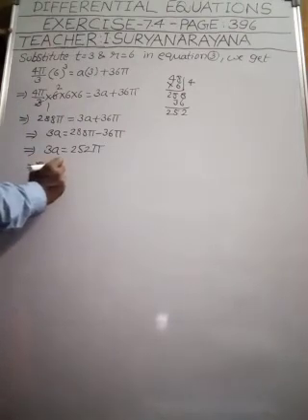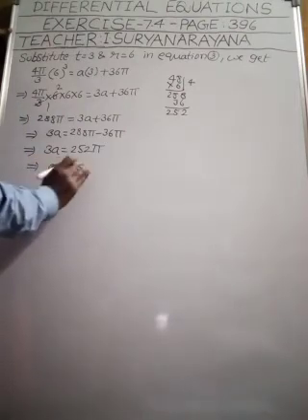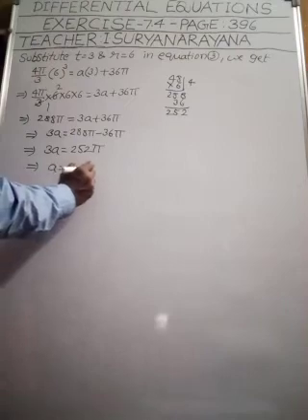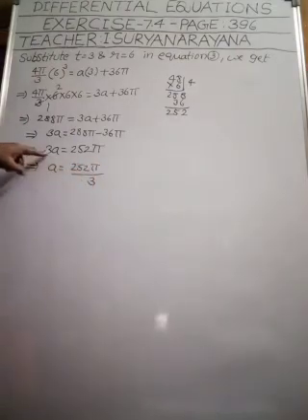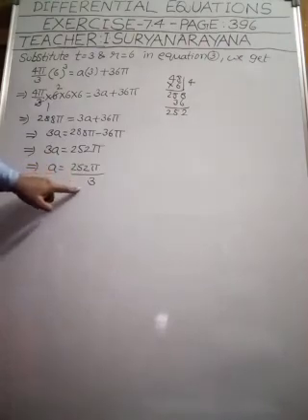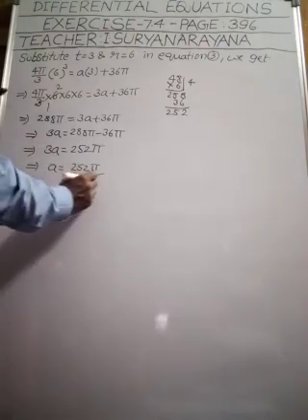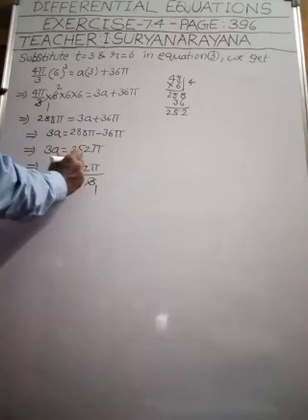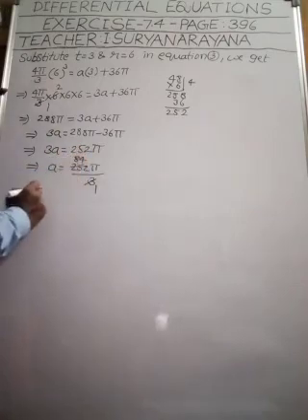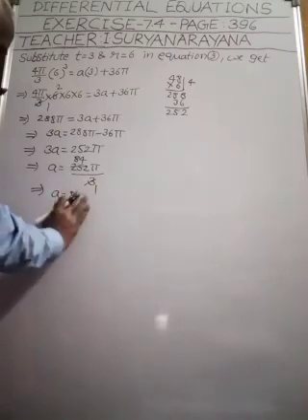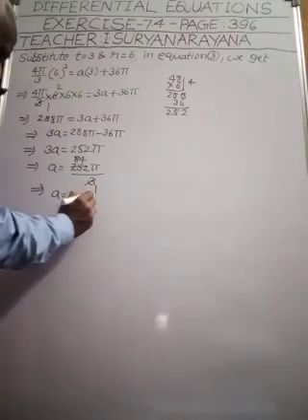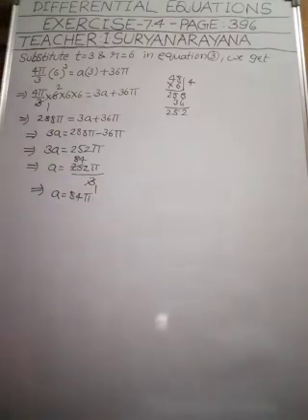This implies a is equal to 252π by 3. We transposed 3 to the RHS, then it becomes by 3. 3 eights are 24, 3 fours are 12. This implies a is equal to 84π. So we got the a value also.